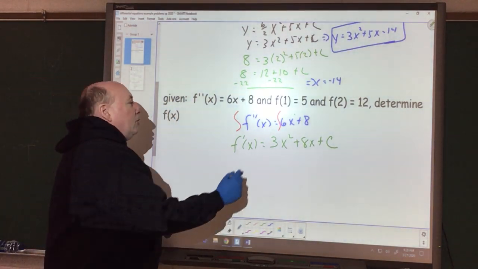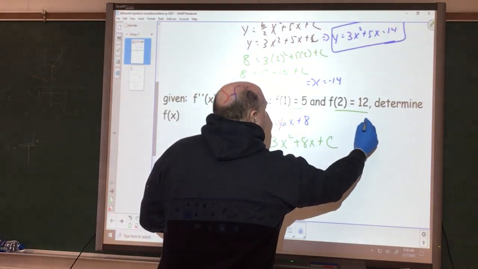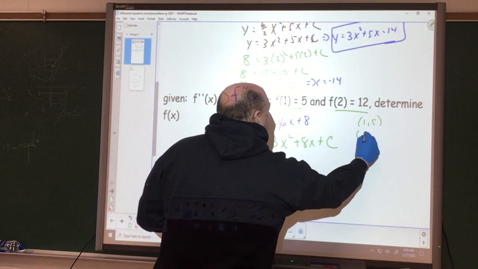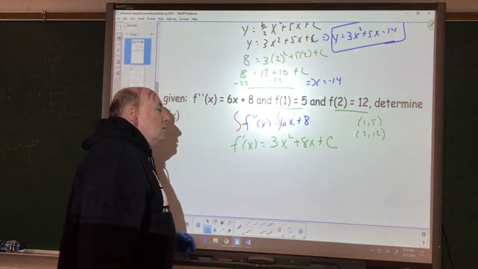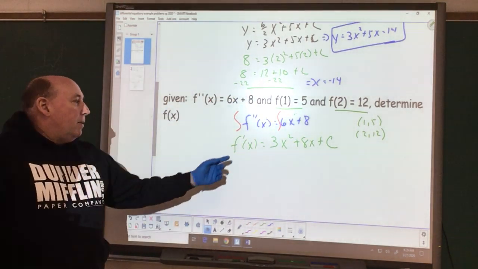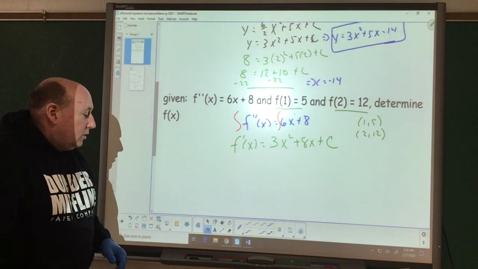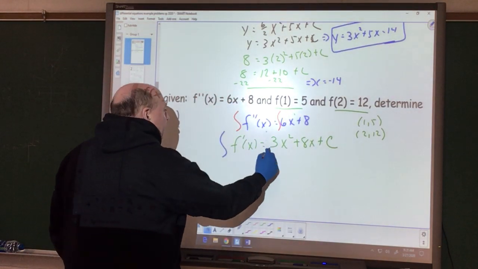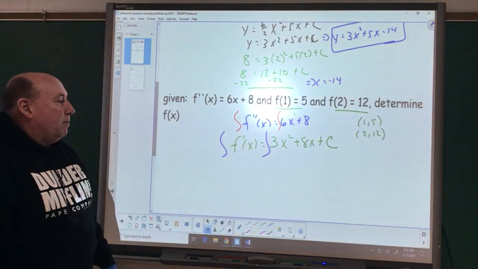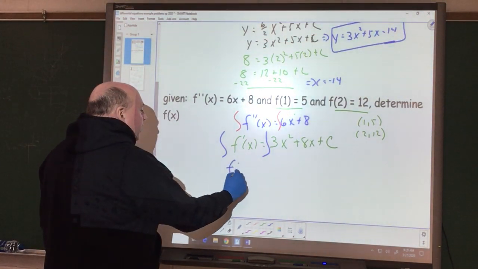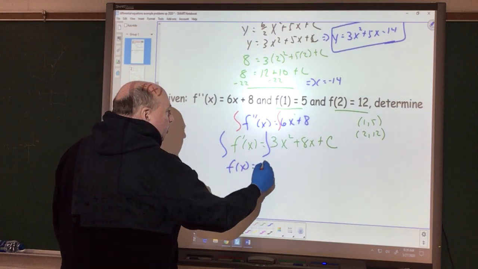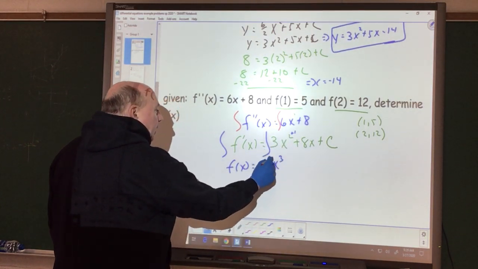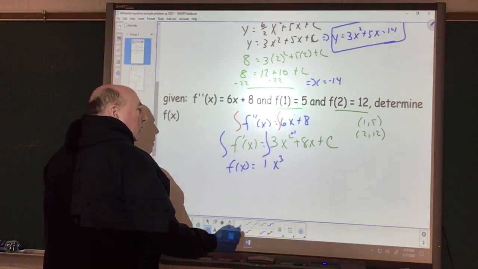Problem is, I have two initial conditions for my original function, (1, 5) and (2, 12). But this is my derivative still. So to get to my original function, we have to take the antiderivative one more time. So my original function f of x is equal to adding 1, x cubed, 3 divided by 3 is 1.